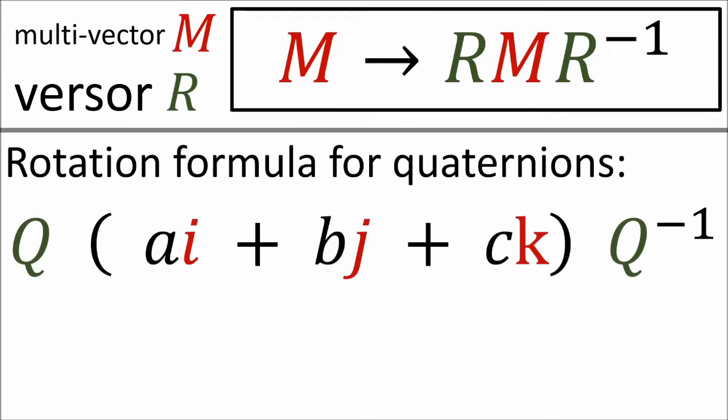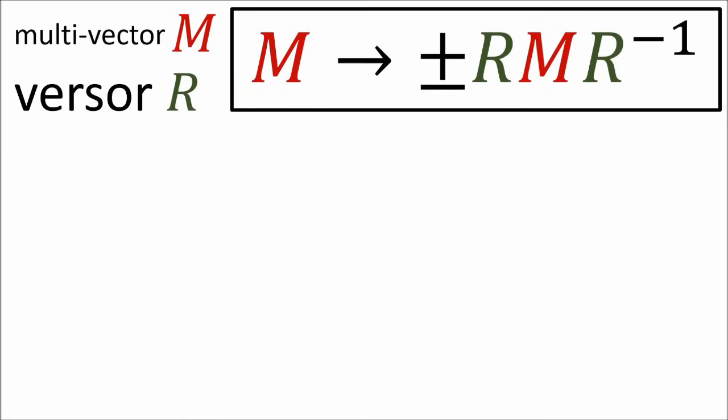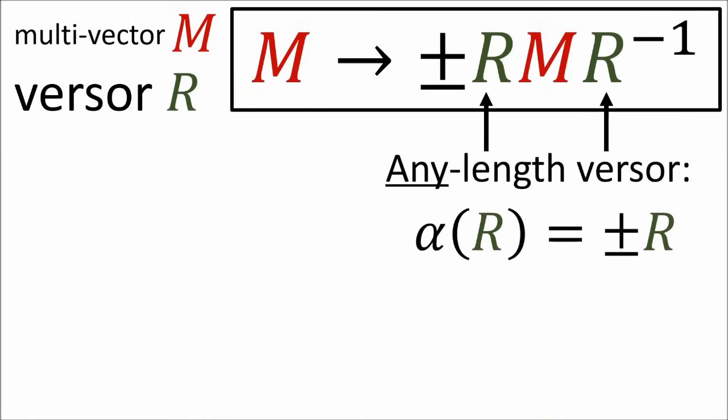The quaternions i, j, k can be written in terms of bivectors and rotated with the standard conjugation formula just like a vector. But now, what if the versor R has any length, so its grade inversion can lead to a plus sign or a minus sign, depending on its length?